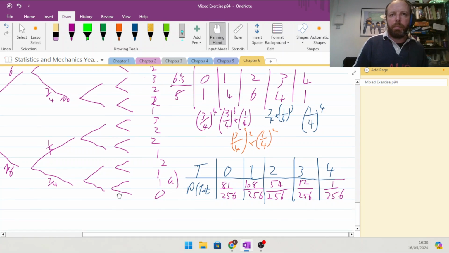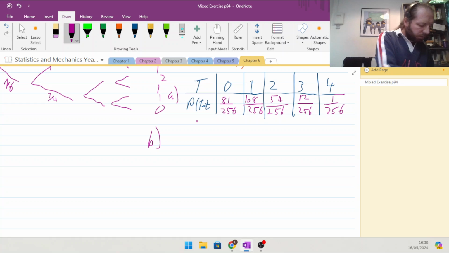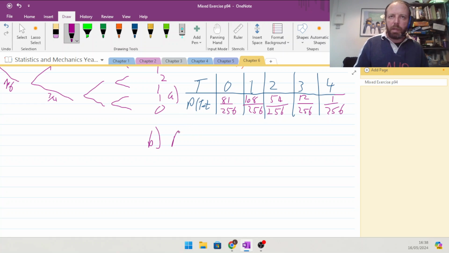Right then, part B. I've done this correctly on the last one, but with the wrong numbers. Find the probability of t being less than 3. So that would be the probability of 0, 1 and 2, but not the 3, all added together.